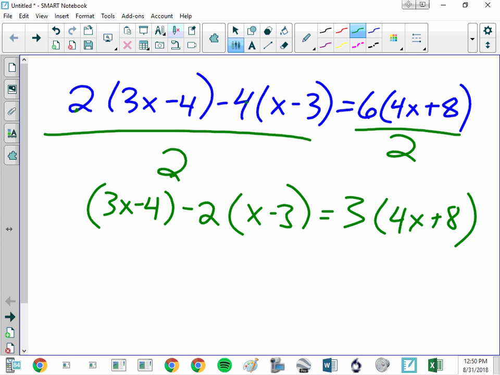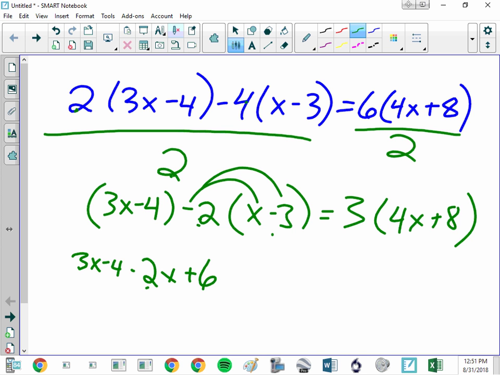Now, I'm going to simplify 3x minus 4. What happens when I put that in? Minus 2x plus... Does everybody see that? Negative 2 times x is negative 2x. Negative 2 times negative 3 is plus 6.